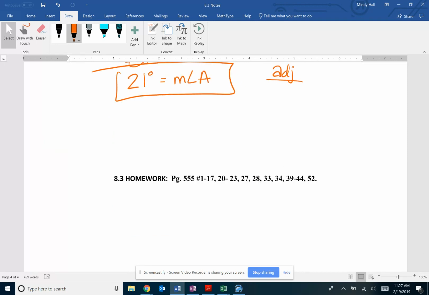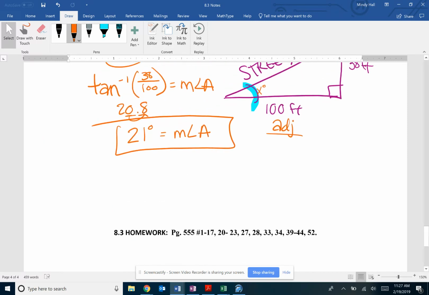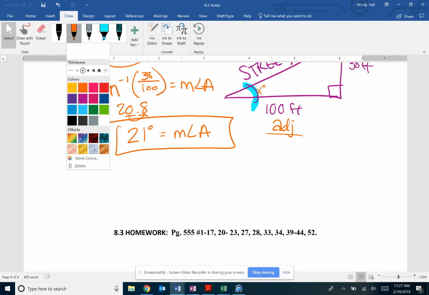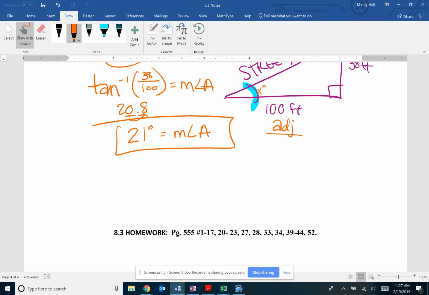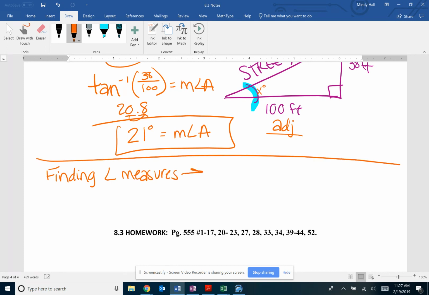Now, you have some homework. The homework is going to cover quite a bit. There's some that you'll have to actually graph. So just remember, if you are finding angle measures, use your inverse functions. And that may mean you're still going to use the same rules, like if it's opposite over hypotenuse, you're still going to use sine, except it'll be the inverse sine.